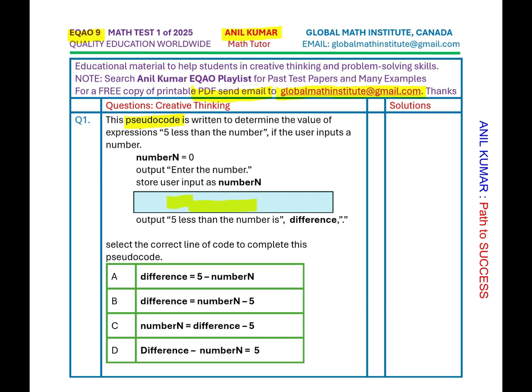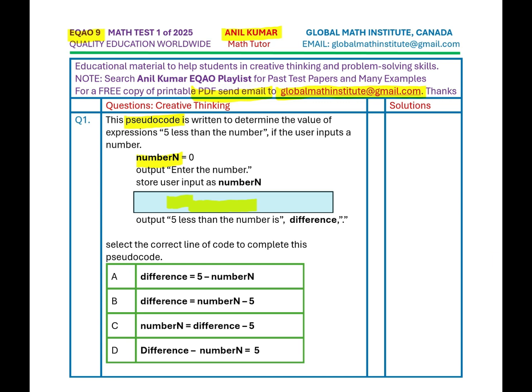Let's try to understand the pseudocode itself. In the very first statement, we are defining a variable which is number n and initializing it to 0. It is a very important step because sometimes if you don't initialize your variables, they may take up some random value. Next statement is an output statement, and whatever is written in inverted commas will be displayed on the screen.